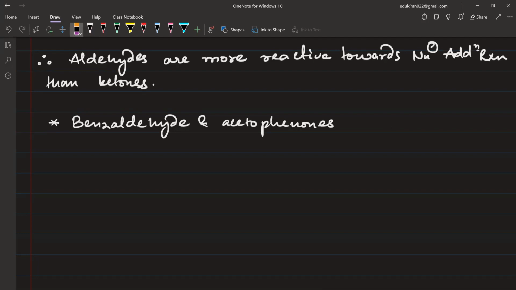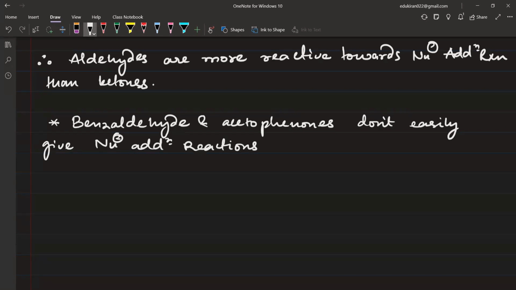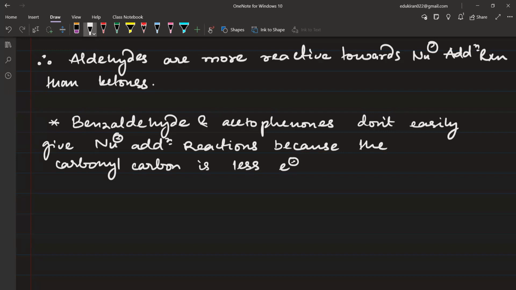Or rather write it like this: don't easily give nucleophilic addition reactions because the carbonyl carbon is less electron deficient.